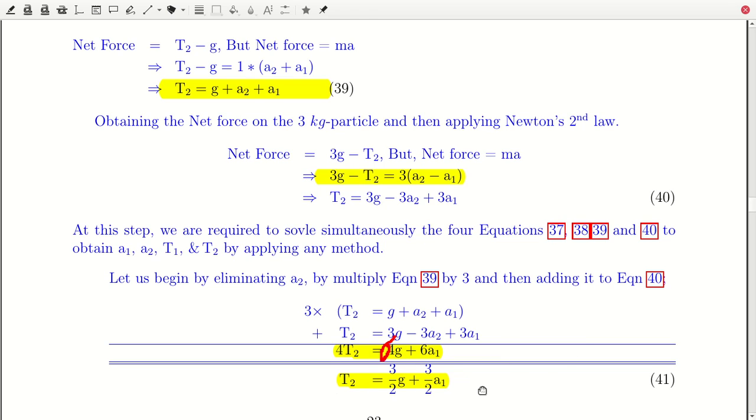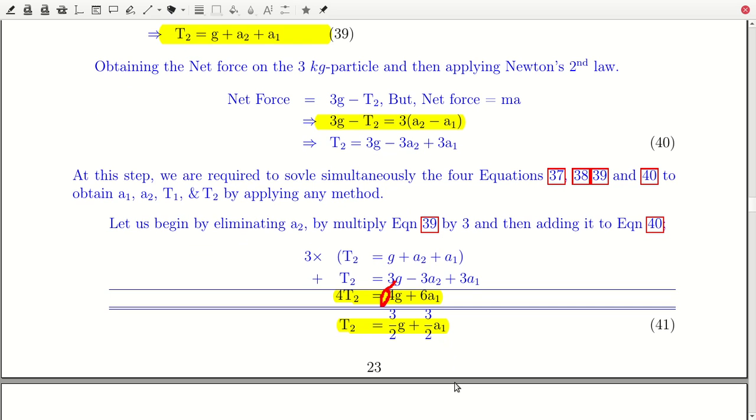Instead, I should solve it or apply it to a new equation which I have not yet touched. So for example, I got equation 41 from 39 and 40. So I must not substitute to either 39 or 40, otherwise it will diminish. So instead, I would substitute to a new expression.